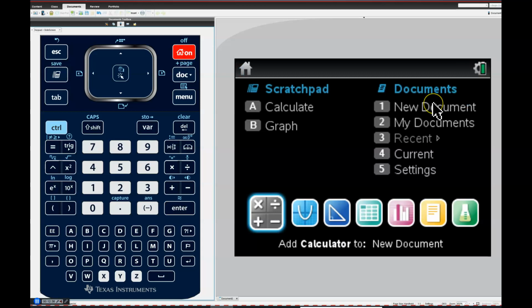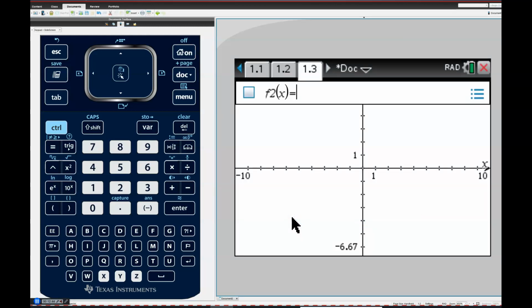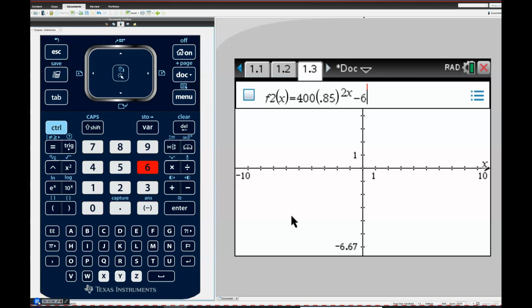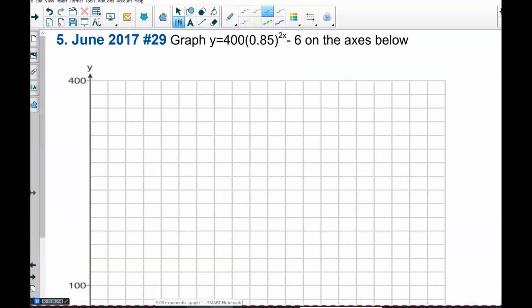Again, you should always start a new document, or you can use the icon. And we're going to enter the function into the calculator as you see it. When I enter the function, however, I don't see anything. And the reason is that I need to readjust our window. So let's take a look.